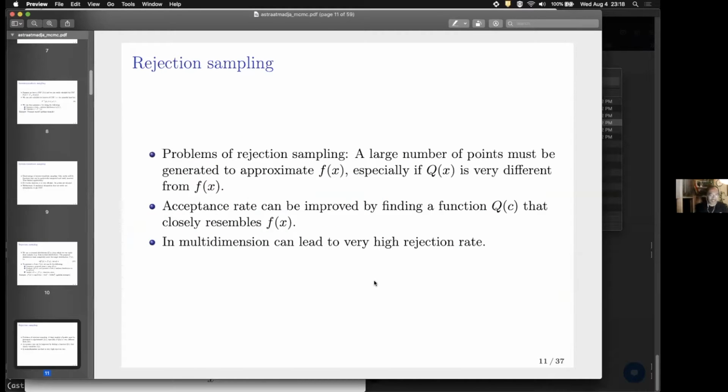As you can see, we must see what the target distribution looks like, and then think about what's a good proposal distribution that we can use to approximate this. Now this can be a problem in multiple dimensions. So this is usually used only for 1 or 2 dimensional functions.